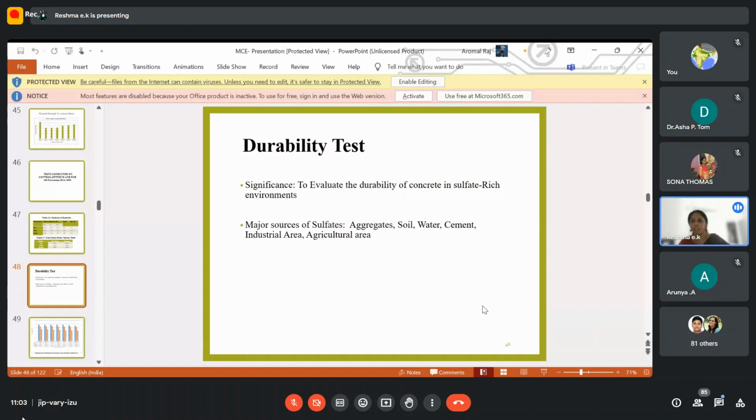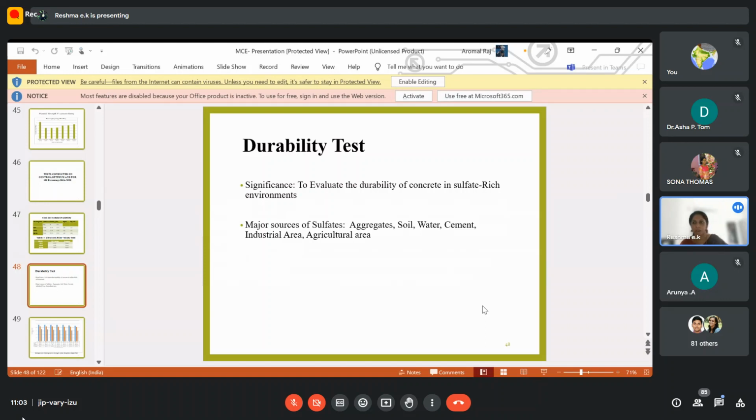But when I talk about structural concrete, durability is entirely different, and when I'm talking about pavement quality concrete, it is entirely different. So I had a doubt about what kind of durability test I have to carry out. It is very important that you know what durability means. There are many tests, and you cannot do all of them, or you will never come to an end.